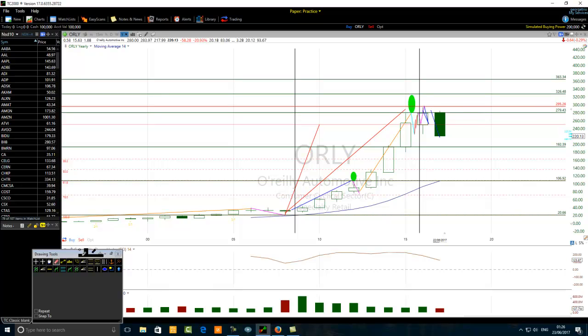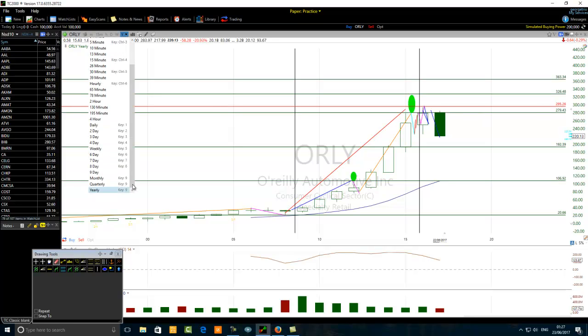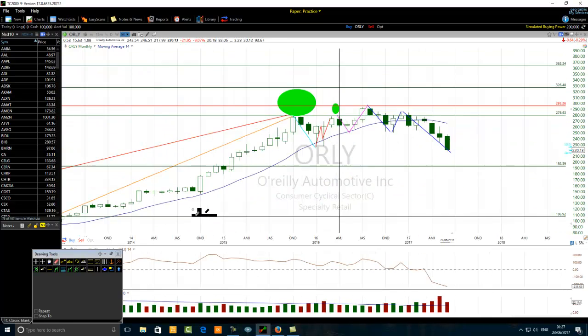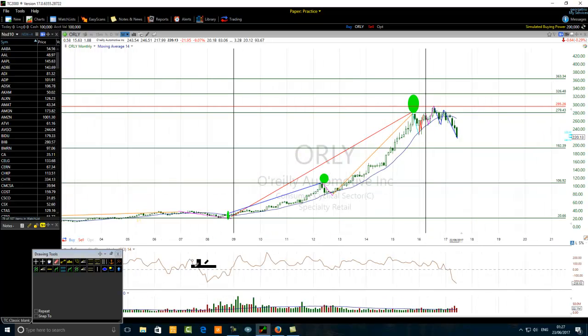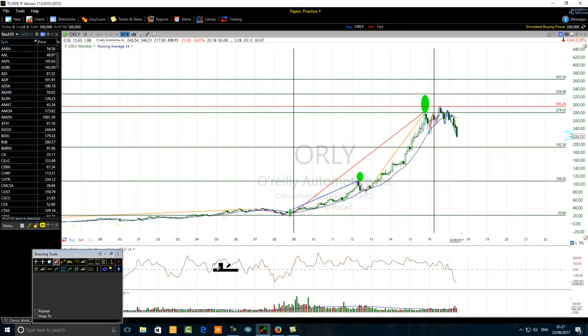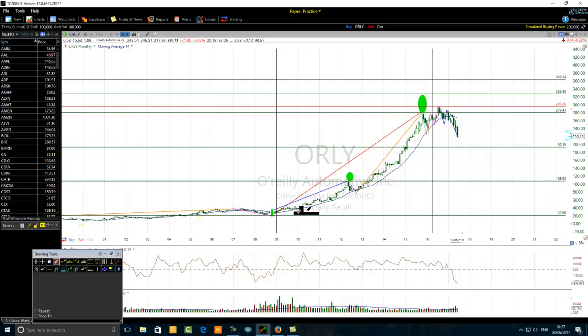I'll go to the monthly chart to do that. To the third wave of the higher degree. The third wave of the higher degree is this one here. 1, 2, 3, 4, 5. Stopping right there. Between the two vertical lines, that's our third Elliott wave of a higher degree.